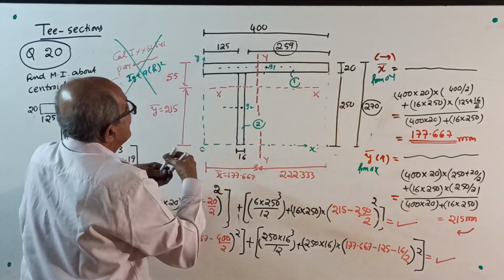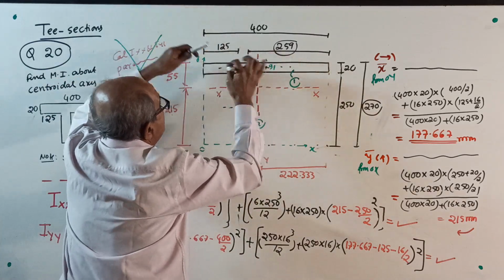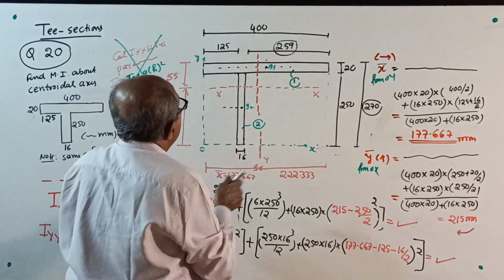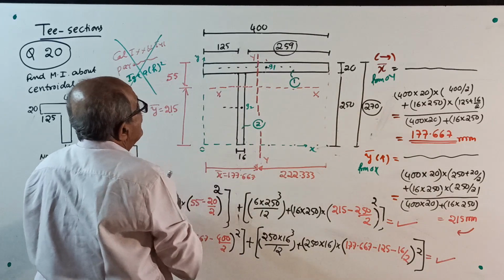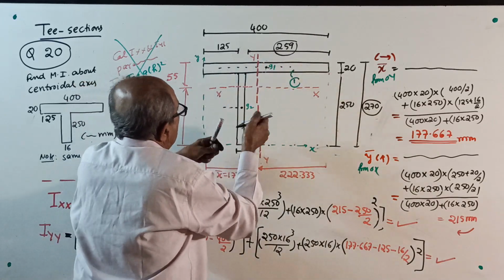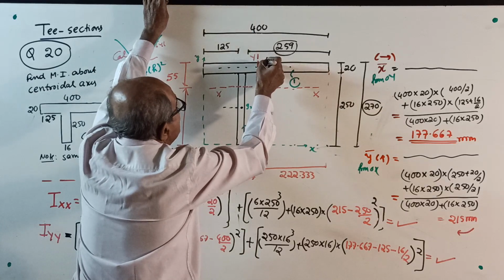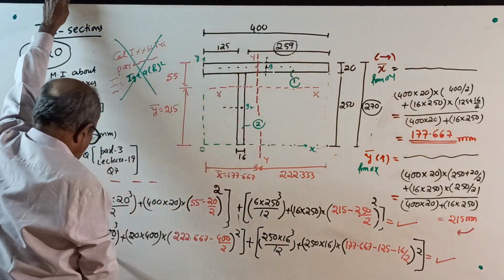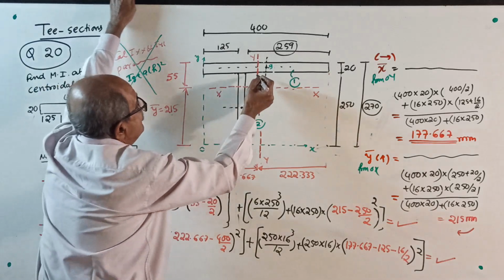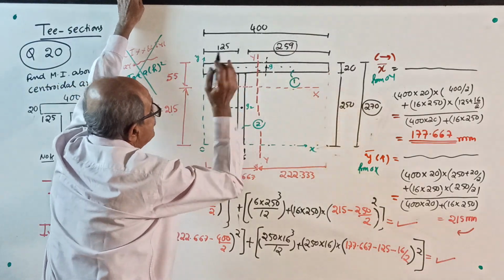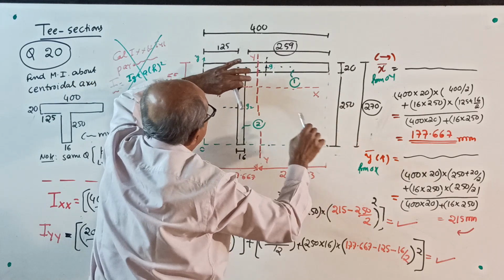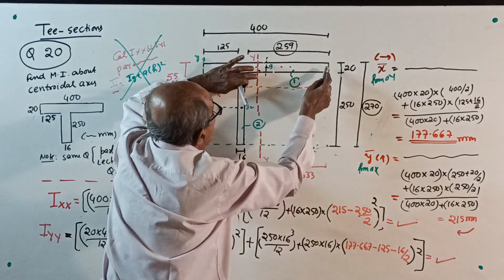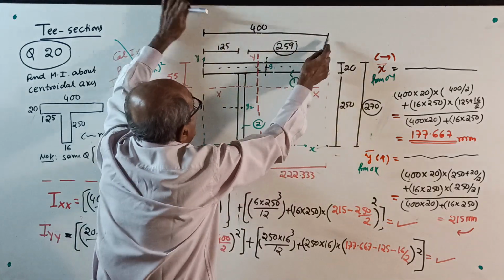Start. First here. Centroid is here. See, YY is disturbing me. YY, go that side. Little that side. Okay. First, come to centroid. First about its own centroidal axis, parallel to YY. 20 into 400 cube by 12 plus area into, see, this distance square is, look this side, 222.333 minus the midpoint, half of 400.